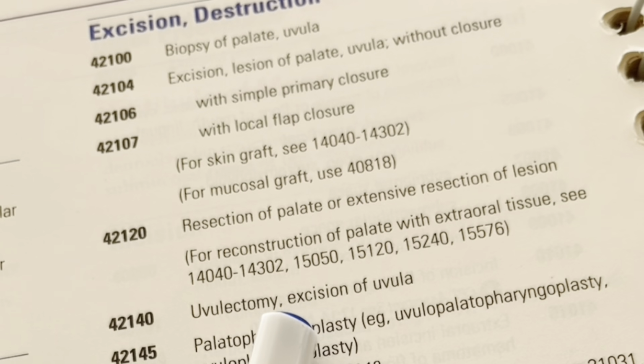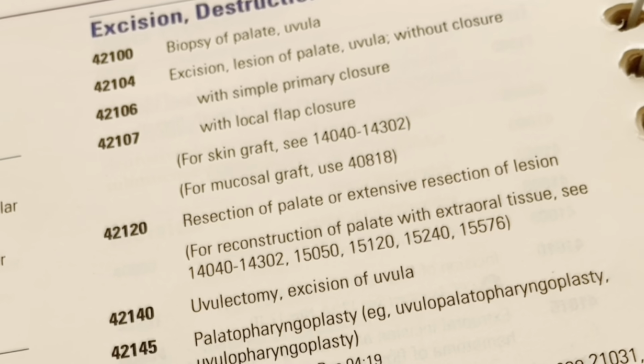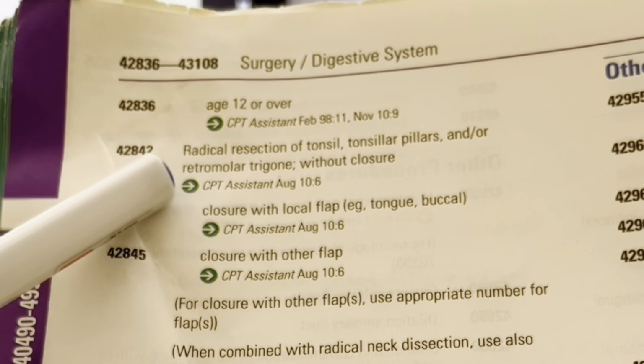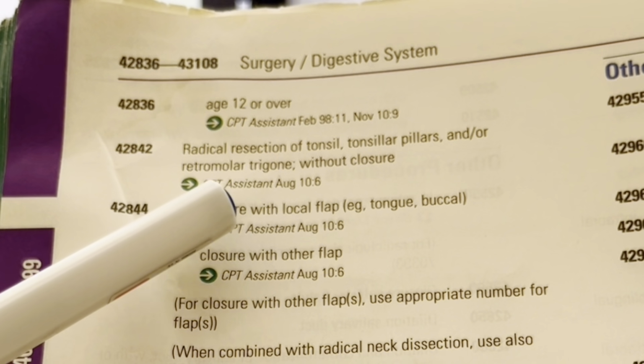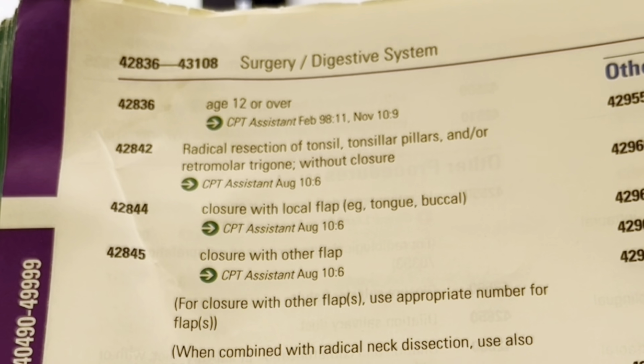But what about the initial code 42842? 42842 is radical resection of tonsil, tonsillar pillars, and/or retromolar trigone without closure. No, this is not a radical resection of tonsil. So let's look into the other options only.